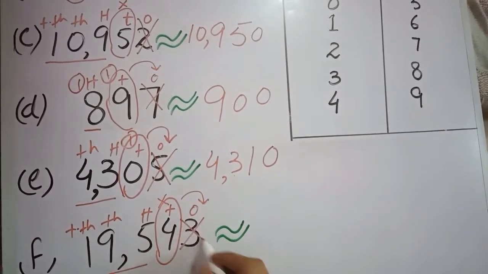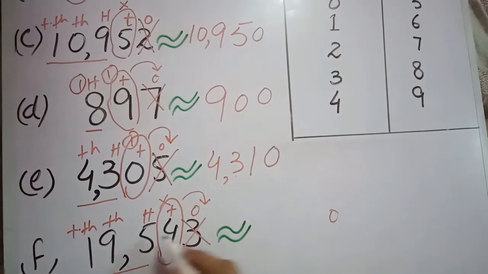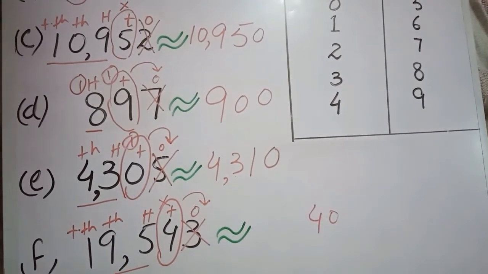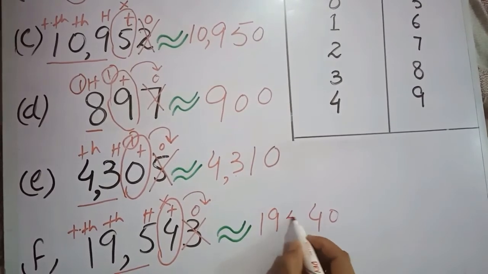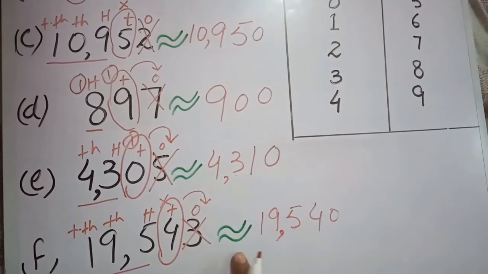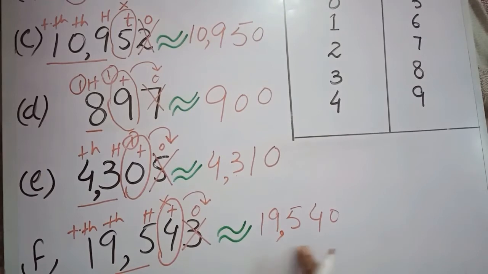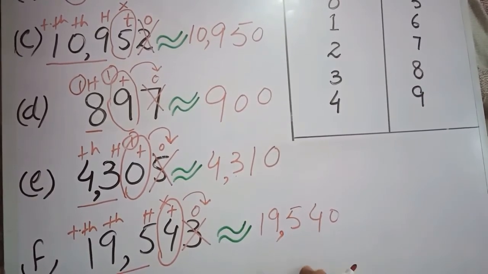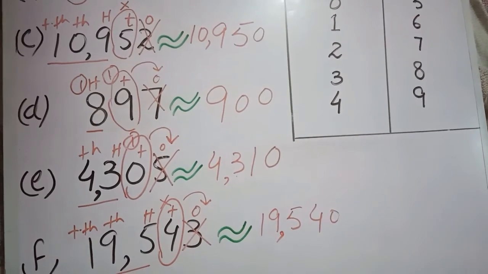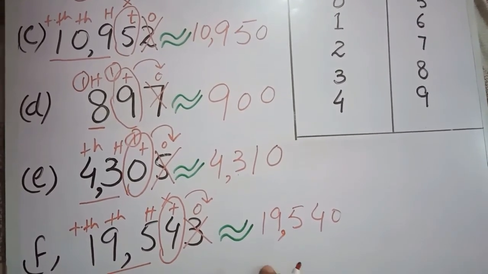The 3 will vanish to make it 0, and we will put these numbers here again. After rounding off the number is 19,540.